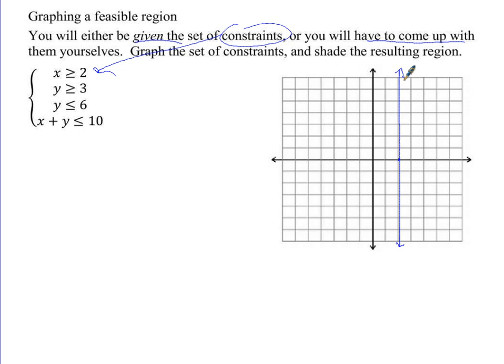Well, on the x-axis, that would be numbers to the right on the number line. So I'm going to shade to the right. But I'm not actually going to shade, I'm just going to mark that I'm going to the right. Y is greater than or equal to 3 would be a horizontal line that goes through 3. So I'll mark that. This is also a solid line.